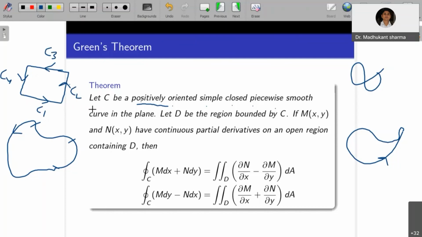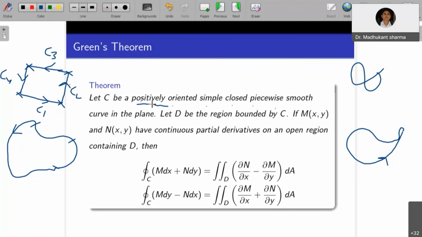It is a positively oriented, simple, closed, and piecewise smooth curve because you have sharp edges at these points where you lose smoothness, but they are finitely many. Such smoothness is known as piecewise smooth, if you have finitely many points where the curve is not smooth. Or you can subdivide the curve into finitely many smooth curves. That's another way to look at piecewise smoothness.